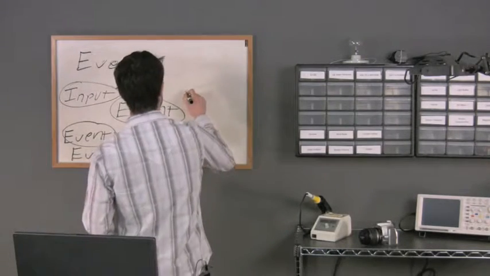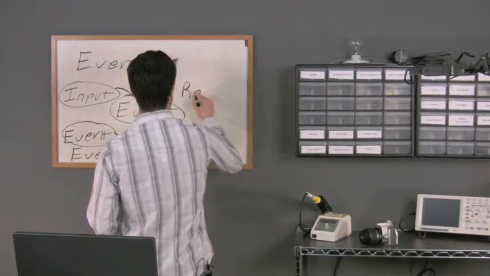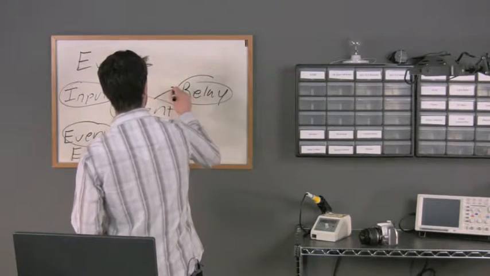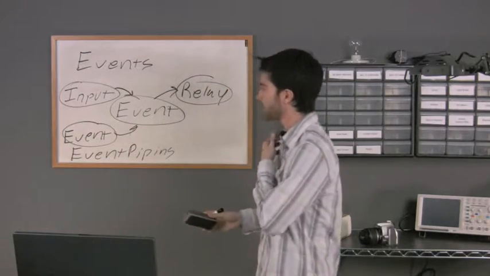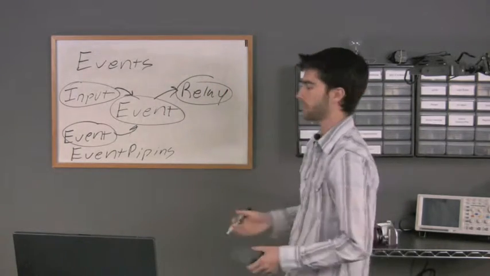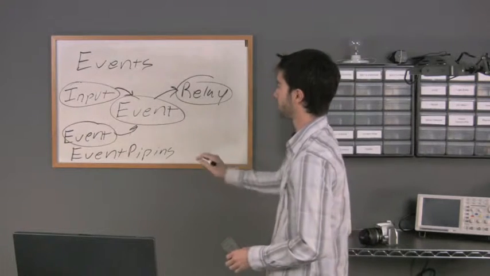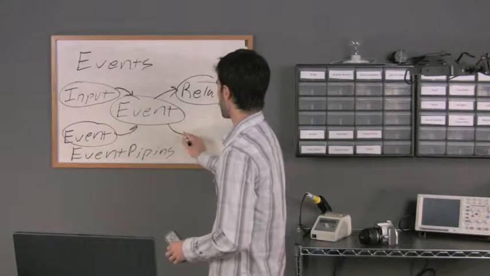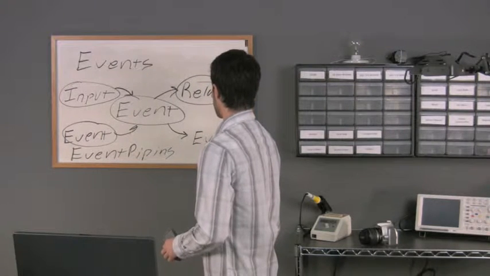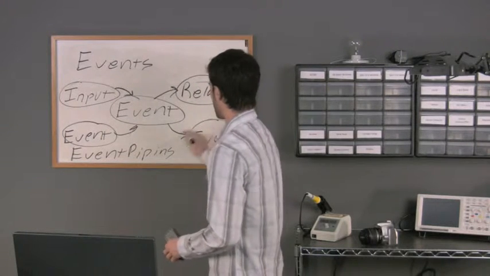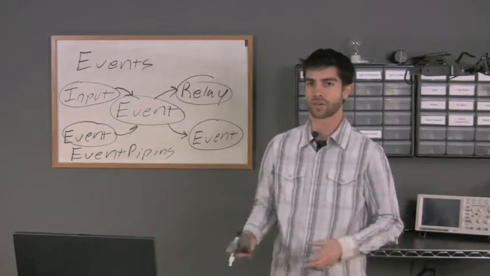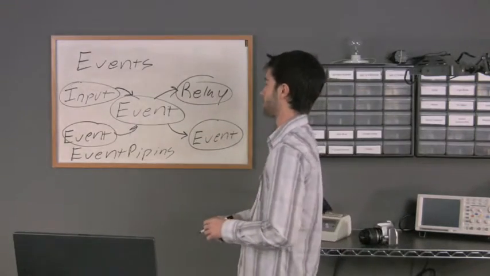Okay? An event can trigger a relay directly. Okay, so a timer could trigger a relay to come on, or a rotation could trigger a relay. An event, of course, can also trigger another event. So you can almost see how this could be an endless cycle of things triggering other things inside the reactor.